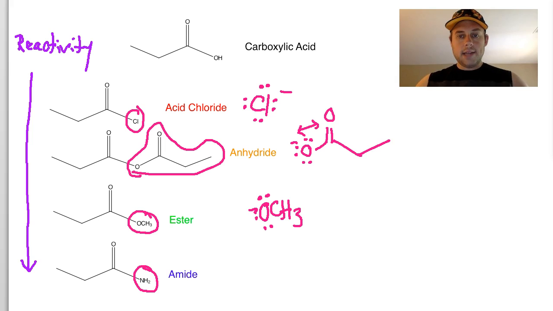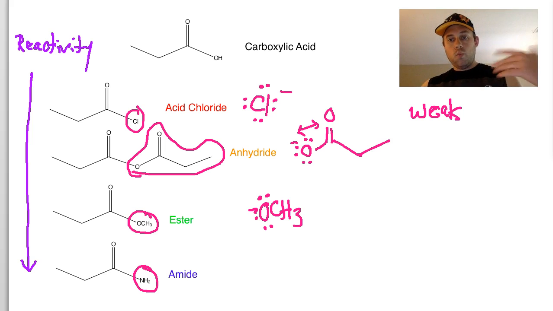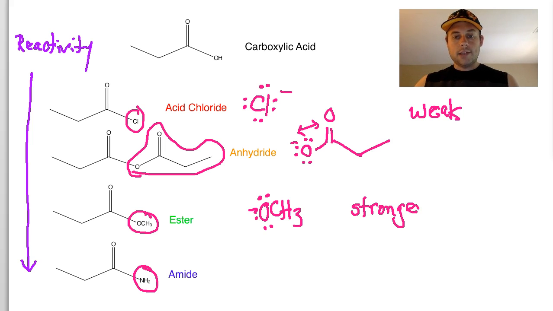So these guys up here would be considered weak as far as the base goes. Remember that weak bases make good leaving groups. That's the conjugate analogy that we draw from Organic 1. When we talk about an alkoxide, that's a pretty strong base. So we're getting stronger here. We have to be careful. That's why the ester is not as reactive as the other two are.